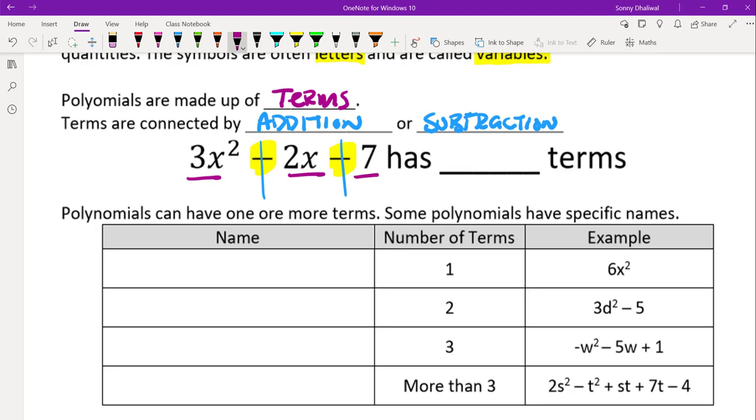That's how many terms there are. These are called terms. So the terms are the ones separated by these adding and subtracting symbols. So this has 3 terms, right? So you just look at adding and subtracting symbols, and you count how many terms are in between, right? And once you can count how many terms there are, we just label them. We give them their name.